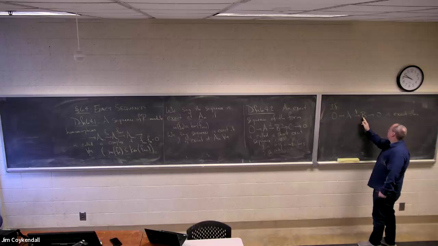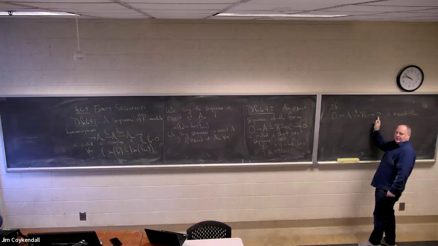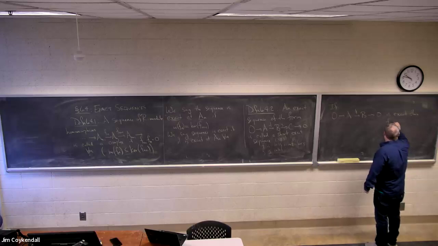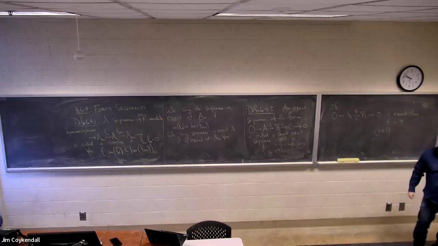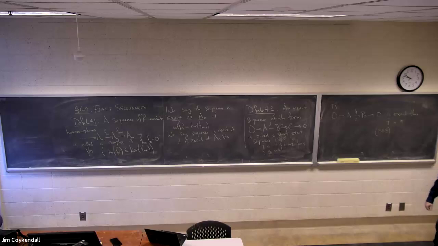And the image of this has to be the kernel of this, but the kernel of this is all of B. So what is true about F? It's an isomorphism, right? We call this a BES, for boring exact sequence, which is why nobody ever pays attention to it. You just say, look, A and B are isomorphic, and that's it.